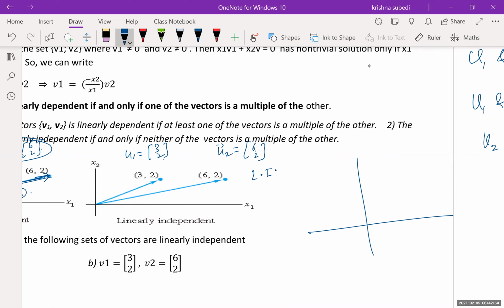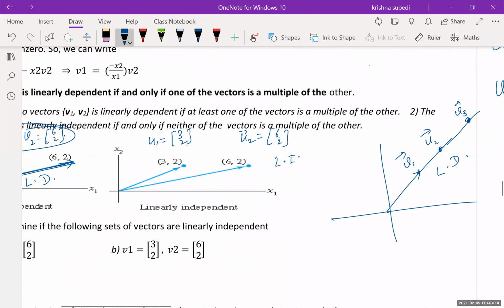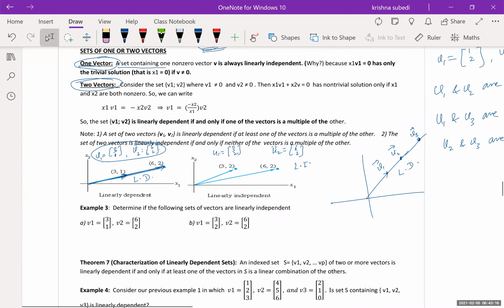If I have a line here, and this is one vector, this is another vector, this is another vector, V1, V2, V3, they all lie on the same line, therefore they are linearly dependent. And if they do not lie on the same line, that means they are linearly independent. Just keep that in mind.